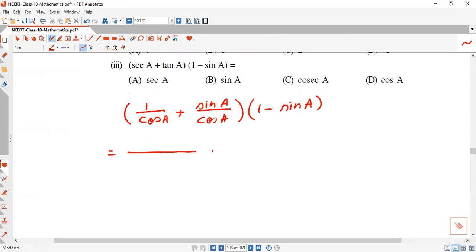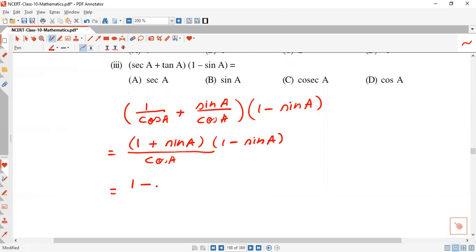Taking the LCM, cos A is the LCM, it comes out. We are getting 1 plus sine A, multiplied by 1 minus sine A. Again, the A plus B, A minus B formula is there.